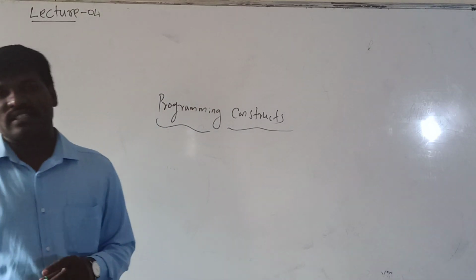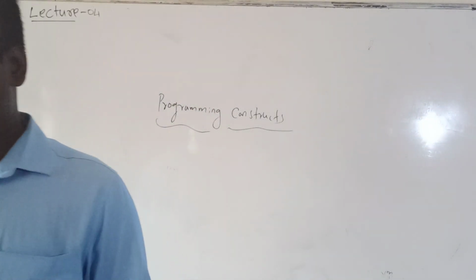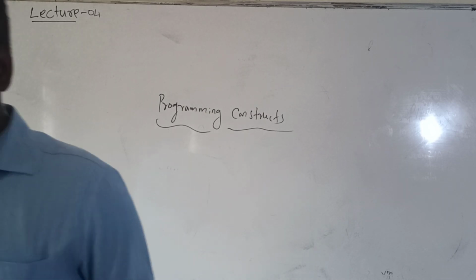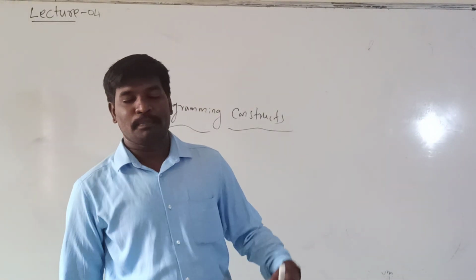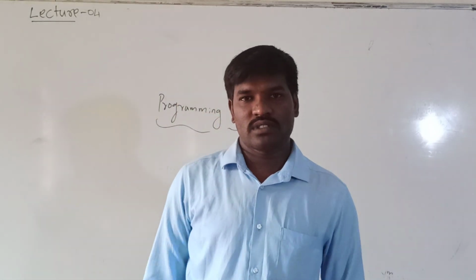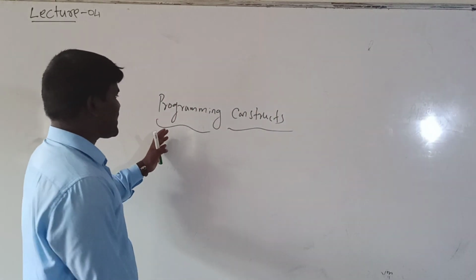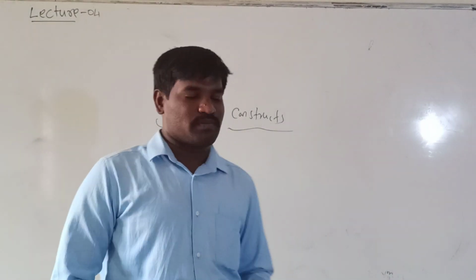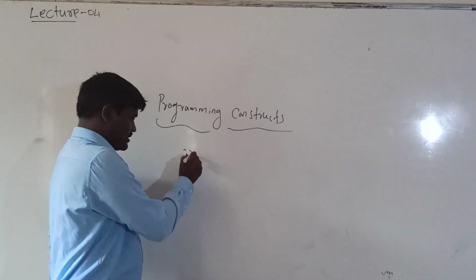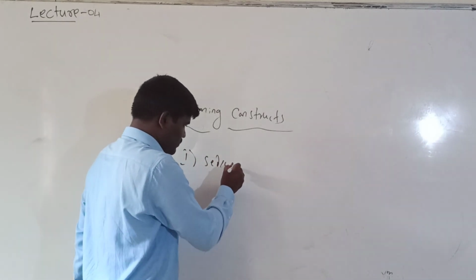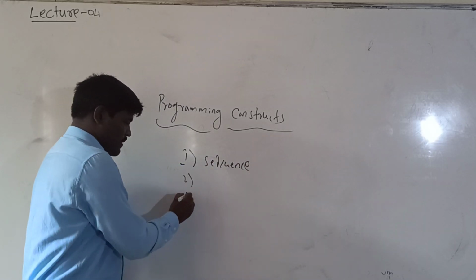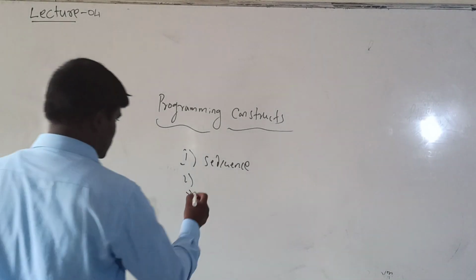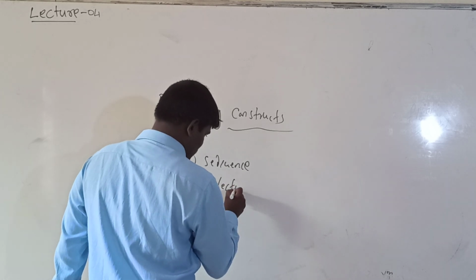If you want to construct a program, we have to follow some rules, some topics, some types. Programming constructs can be of three types. The first one is sequence. The second one is selection.